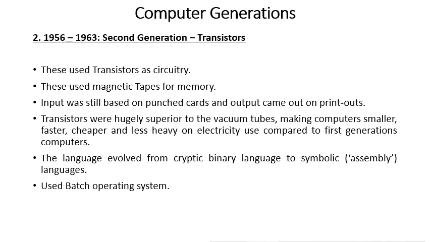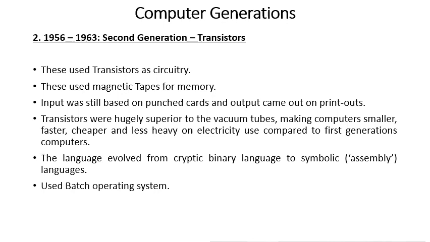Okay, so transistors were usually superior to the vacuum tubes, making computers smaller, faster, cheaper, and less heavy on electricity use compared to first generation of computers. So now second generation of computers are somewhat better than first generation in the form of size, in the form of price.